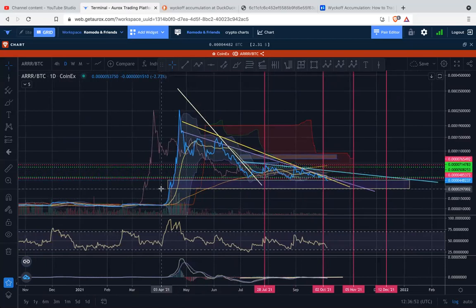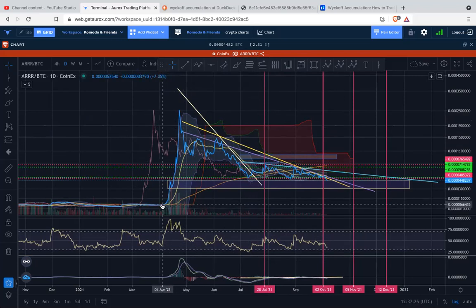So we have this huge markup. We're going to take a look at price action from about here, let's say the 4th of April. That's the beginning of that impulse, a huge markup. Then we're going to relate it to this markdown, which leads us to about the 10th of July, maybe even just a bit before. And then we're going to compare that also with this horizontal, lateral accumulation type of phase.